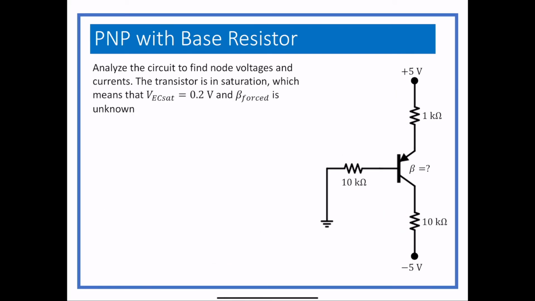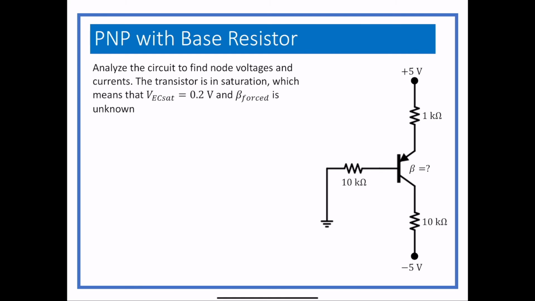I don't know what beta is, so we can't have a value of beta there, but I do know what VEC is because it's in saturation. So we set that to 0.2 volts, and we don't know what beta is. So now we can't use that to actually come up with a value.